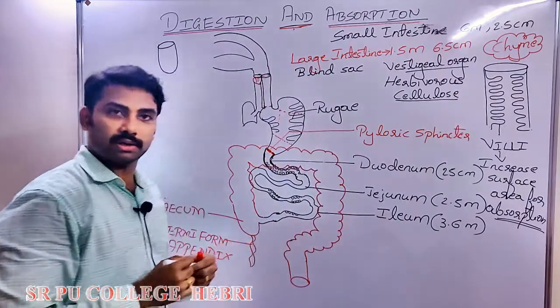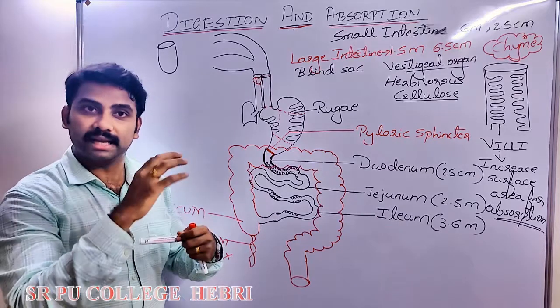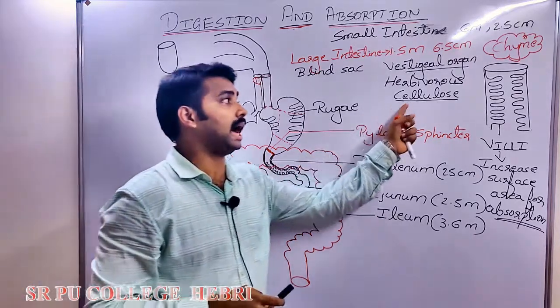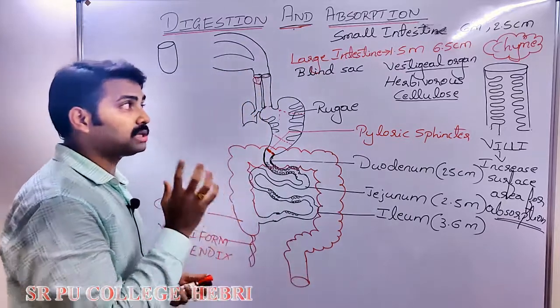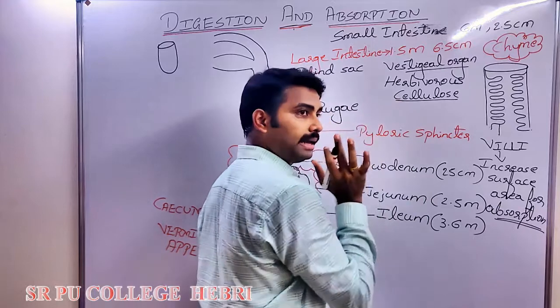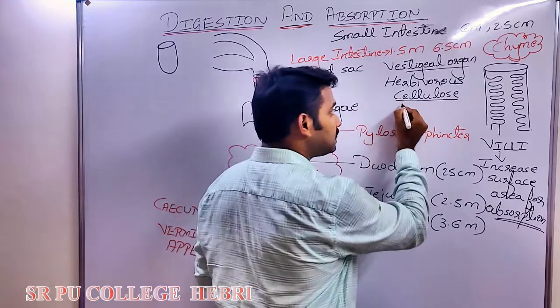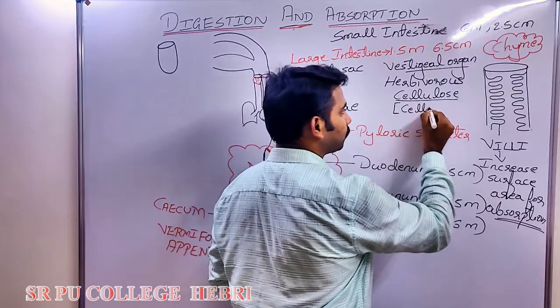Cellulose digestion. Hope you know about cellulose. The cell wall in the plant cell contains a carbohydrate called what? Cellulose, right? Note this point, it is not there in the NCERT but very important. Cellulose can be digested by an enzyme called what?